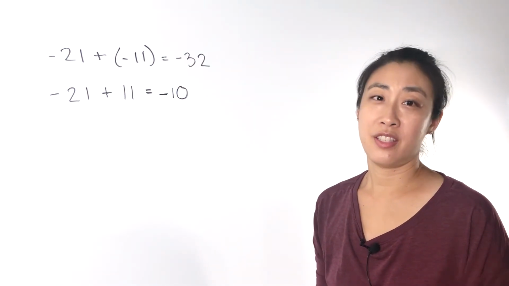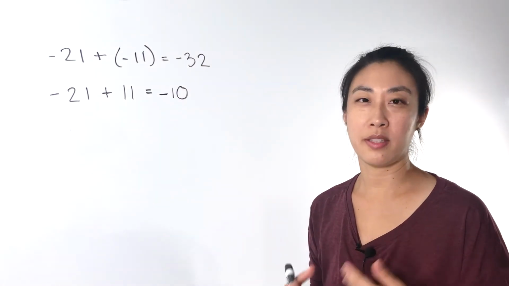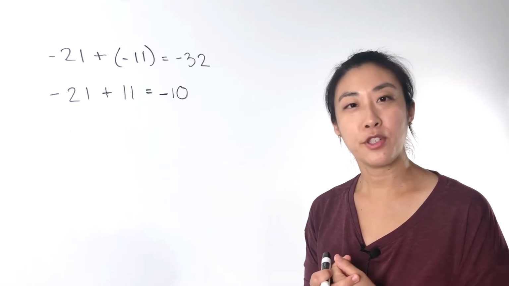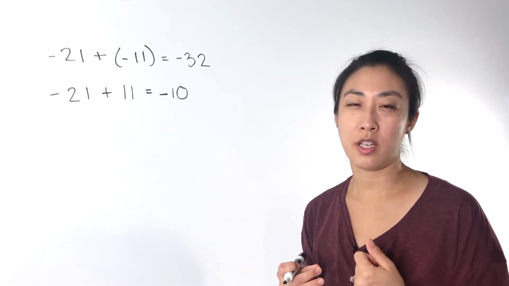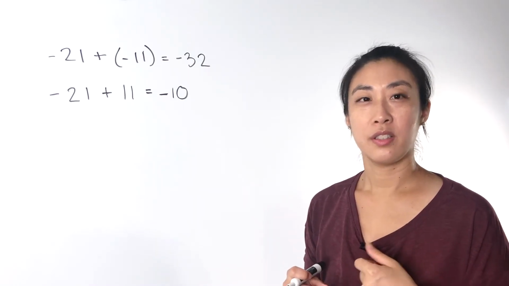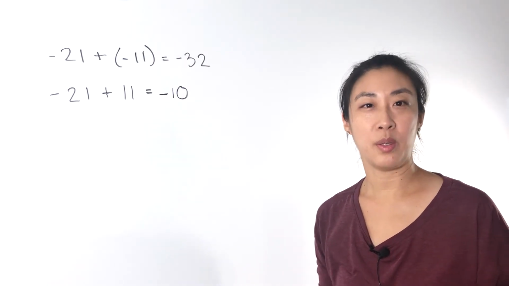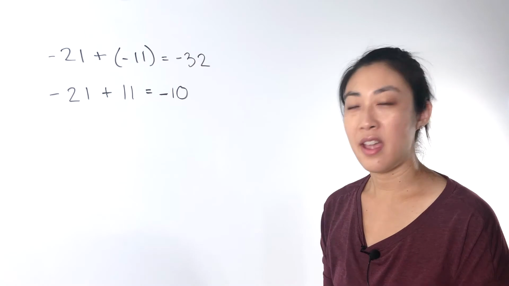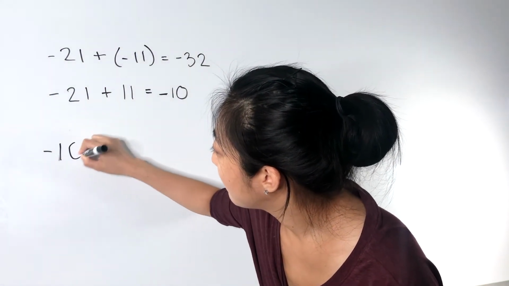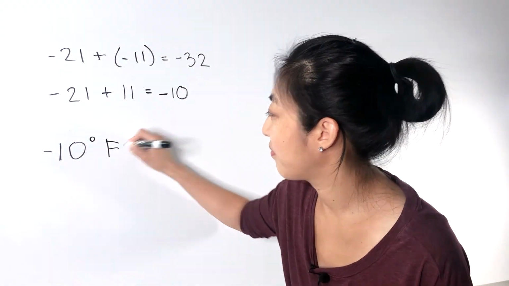Now let me give you a different example. The reason why it's important for us to understand positive and negative numbers is that if we think about real life, temperature is a really good example of why it's important to understand adding and subtracting positive and negative numbers. For example, let's say that in the morning when you woke up, it was negative 10 degrees Fahrenheit.